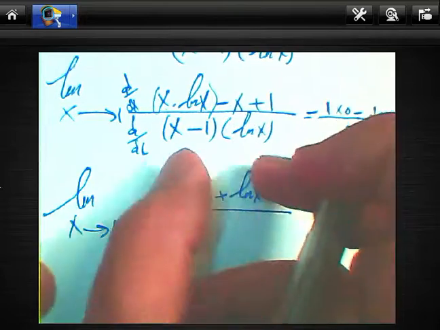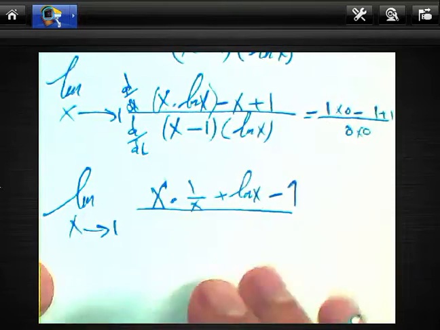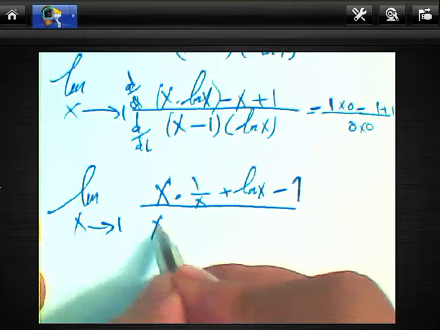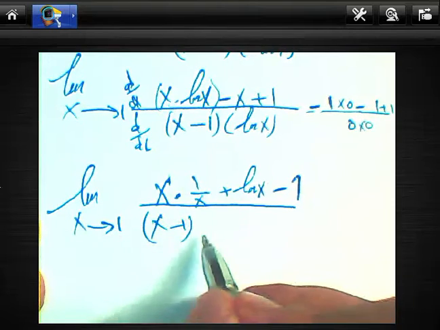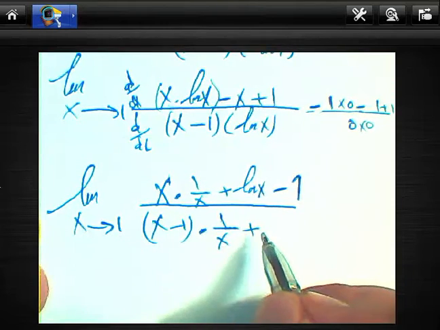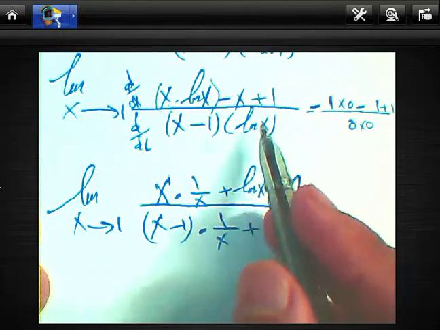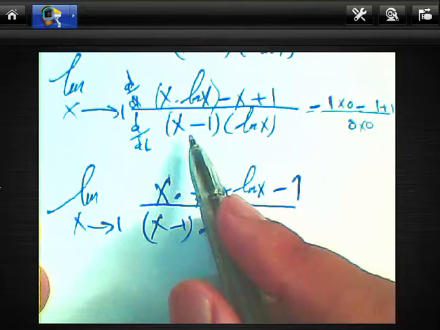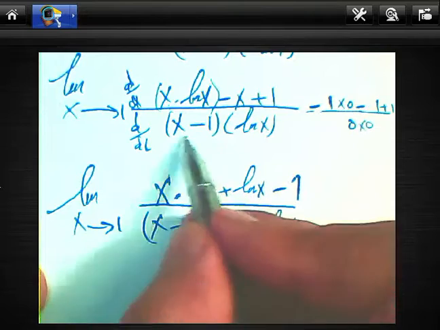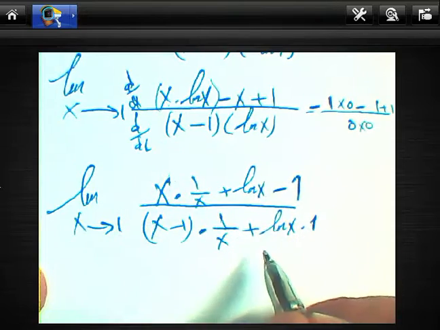Over it we have two terms, and we find the derivative of the multiplication of two terms. The first, x, multiplied by the derivative of ln of x, which is 1 over x, plus the second, ln of x, multiplied by the derivative of the first, x minus 1, which is 1. So you can simplify it here, x divided by x equals 1.